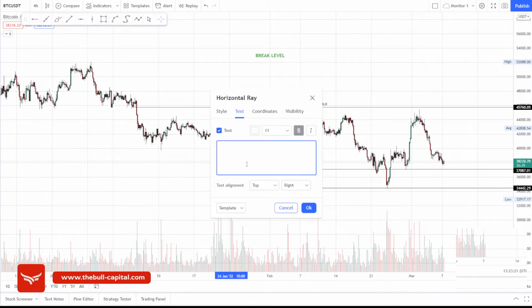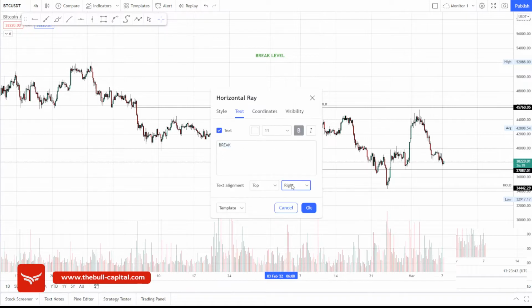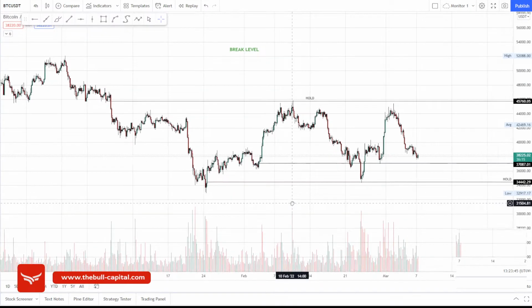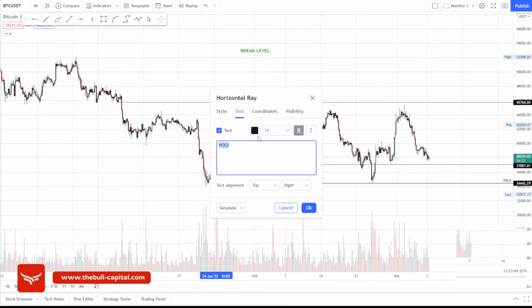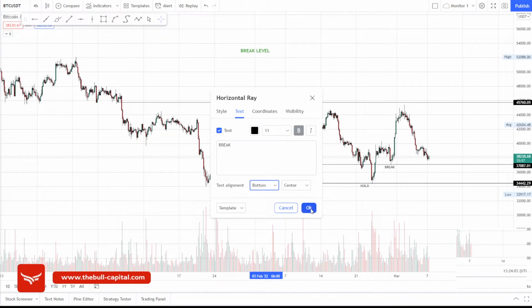Now we have a hold level on the lower side, and this is our break level. Great, let me put them to center, bottom, and bottom. Great.